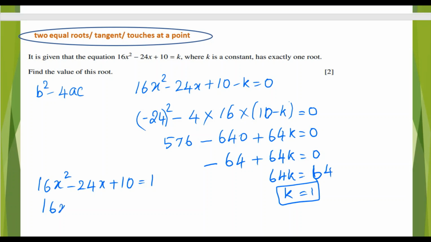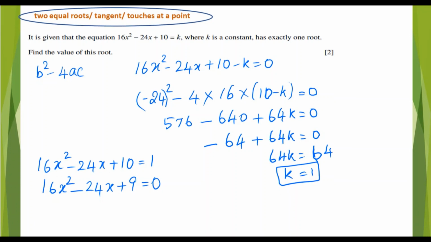This can be written as 16x squared minus 24x plus 9 equal to 0. Now find out b squared minus 4ac to find the root of that. And we know it is equal to 0. So we can directly find the root as minus b divided by 2a. Okay, that is the formula to calculate the root.